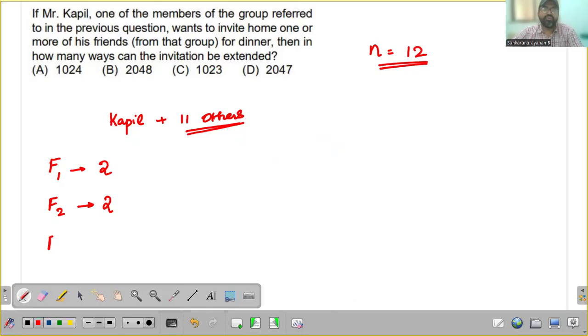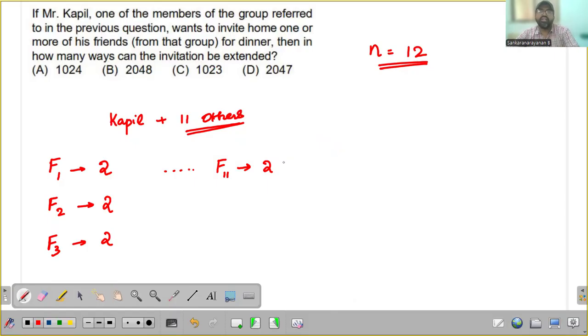The number of ways friend number 3 can be handled is also equal to 2. He may choose to invite friend number 3 or not. So it continues like that. Let us consider the 11th friend. The 11th friend can also be considered in two ways: may be invited, may not be invited.